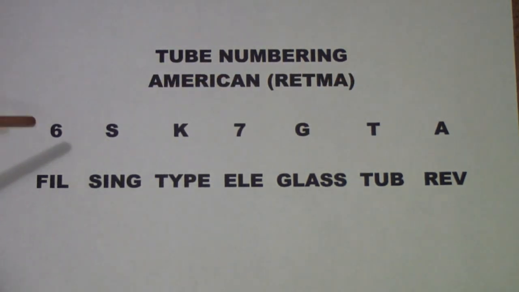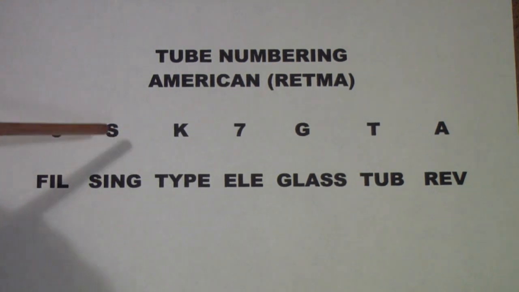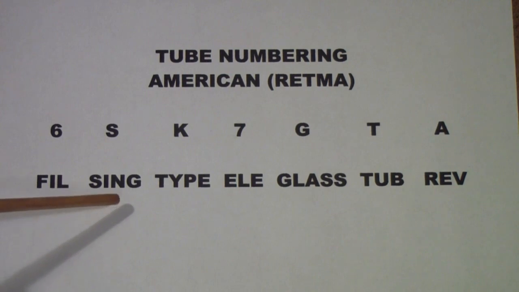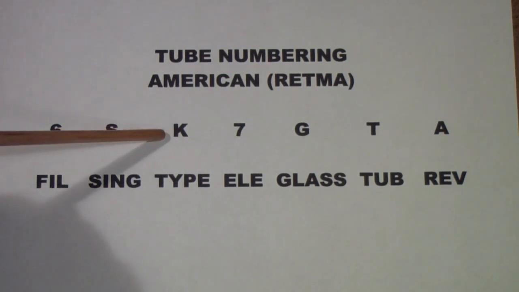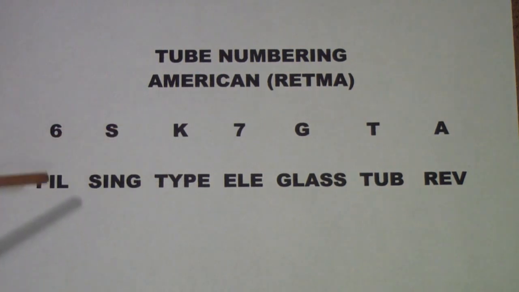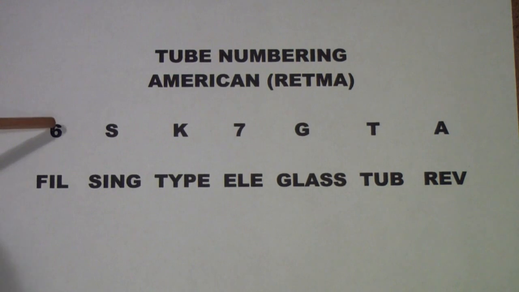So the first digit or digits denotes the filament voltage, as we noted. The S, I'll talk about in a second, says it is a single-sided tube. The next letter designates the type. So before they started making single-sided tubes, this would have been called a 6K7.